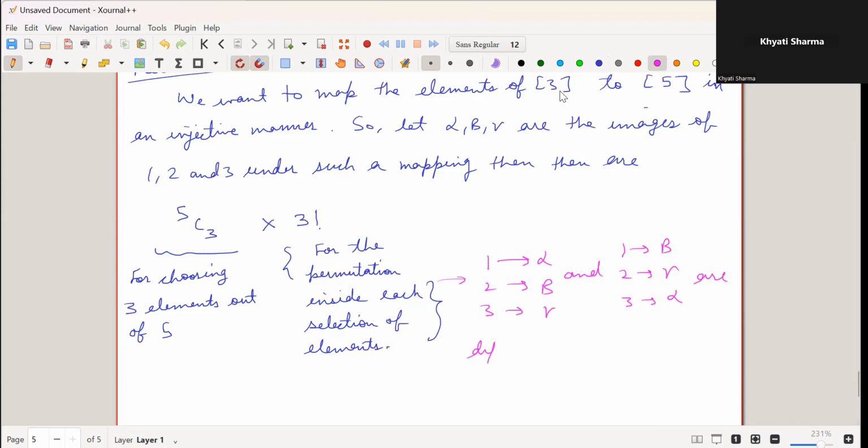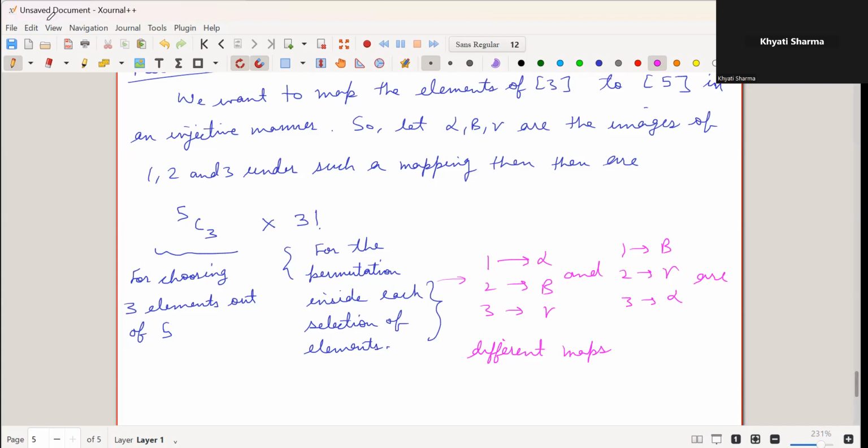So you have the same selection of 3 elements from 5, but still you can permute these elements inside in 3 factorial ways.